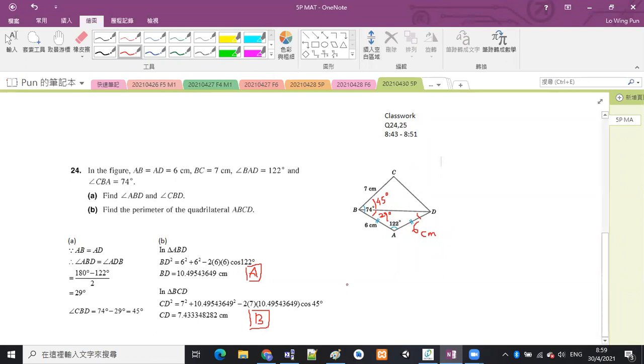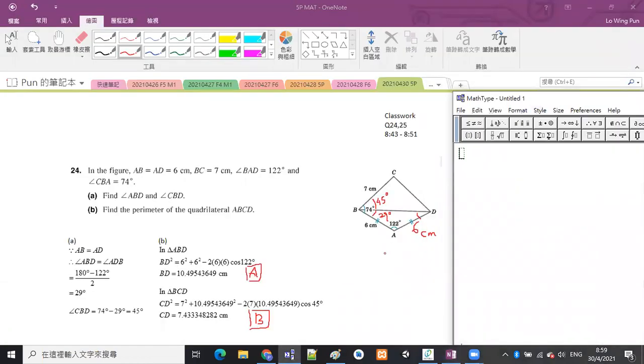So the perimeter will be calculated by adding 7 plus 6 plus 6 plus CD, and that will be 7 plus 6 plus 6 plus memory B. Okay, final answer should be 26.433342828 cm.